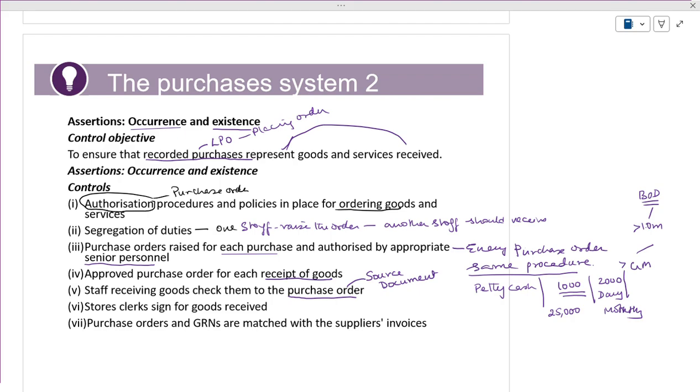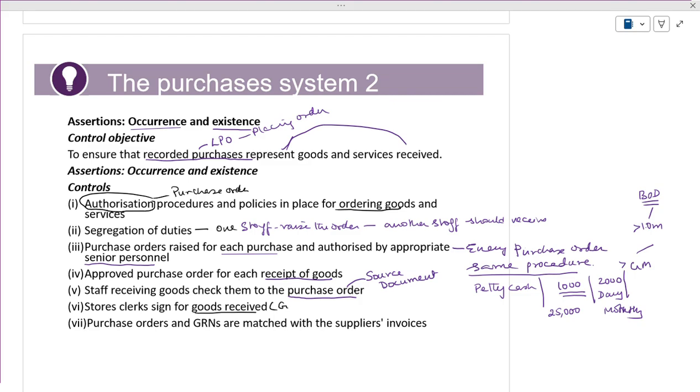Your staff are receiving goods. What is the evidence? What is the source? Again, how much you have requested, how much you have placed the order for, and whether it is there according to the order or not. Store clerk, see the segregation of duties. The store clerk signed goods received, which is nothing but the GRN.